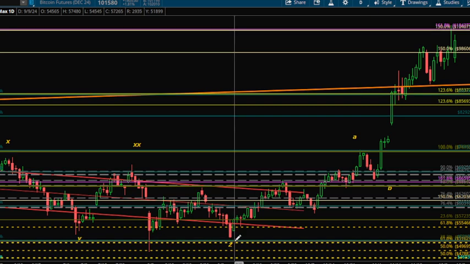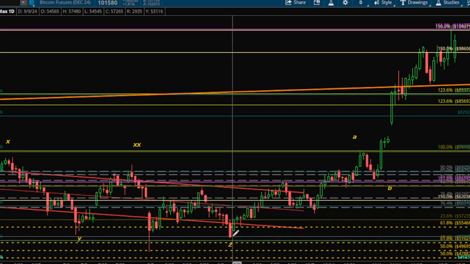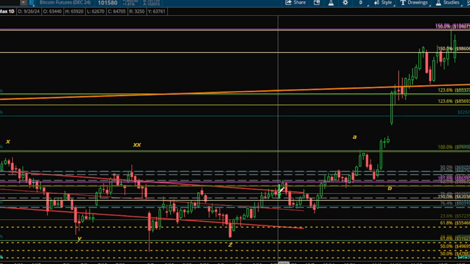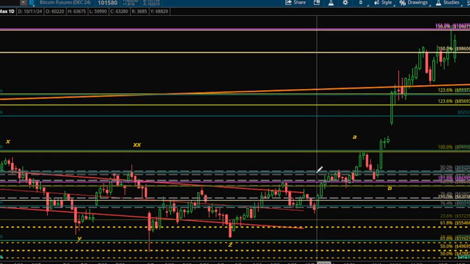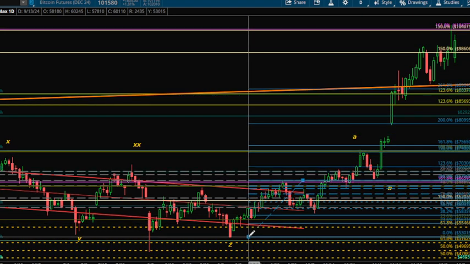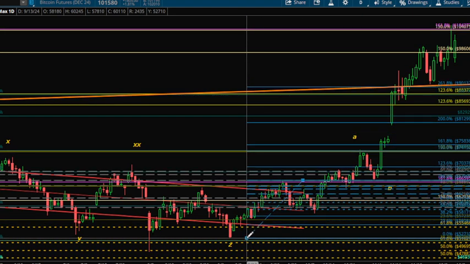Okay, so this was the start, the end of our triple correction here. So we have 1, I've already measured this out. I'll go ahead and do it. 1, 2, 3 to give us our minor degree A. See how that hits right at the 150% there at 74152, I believe.